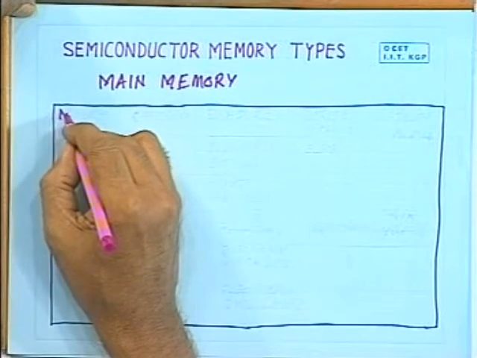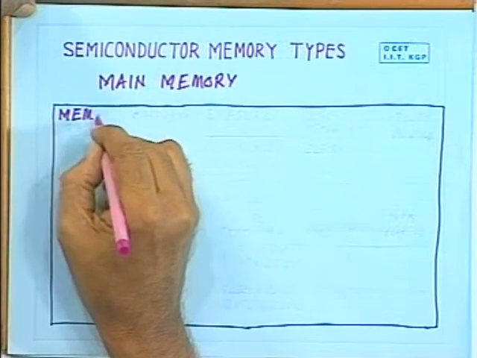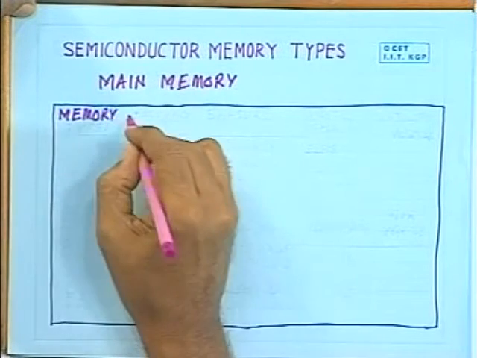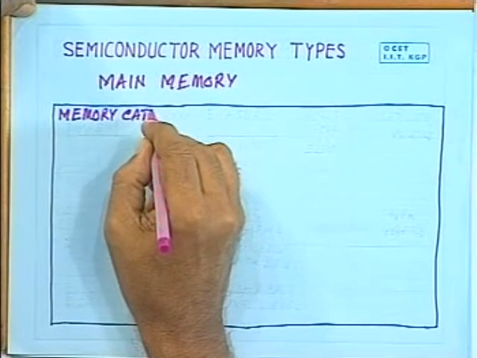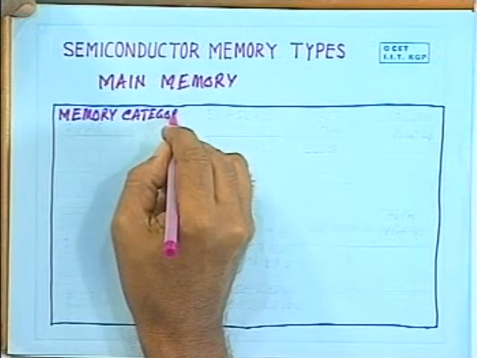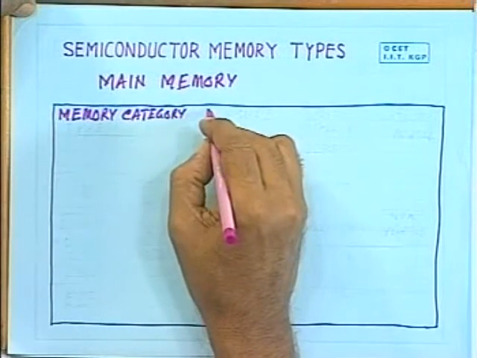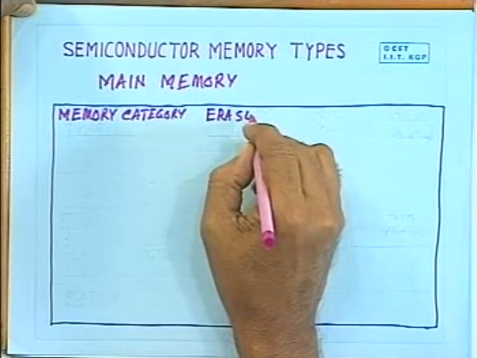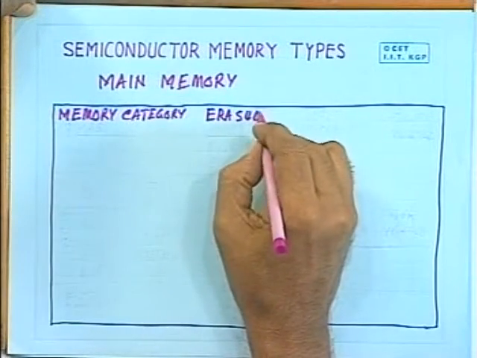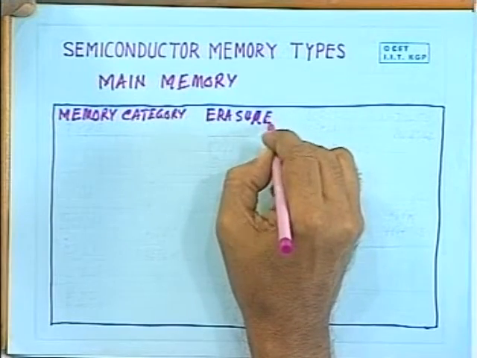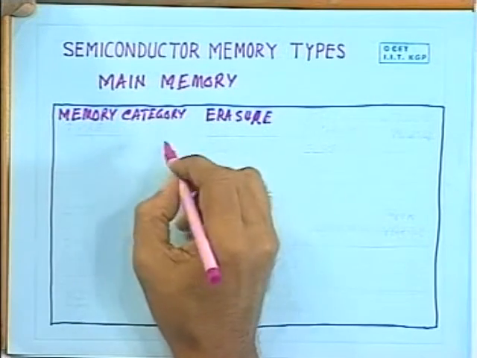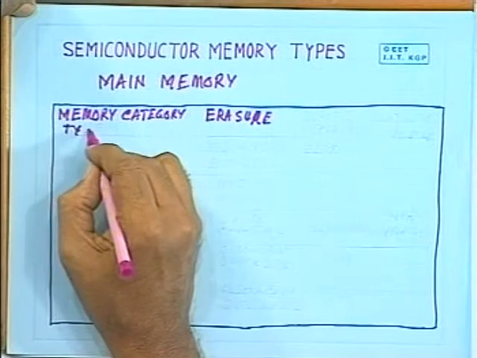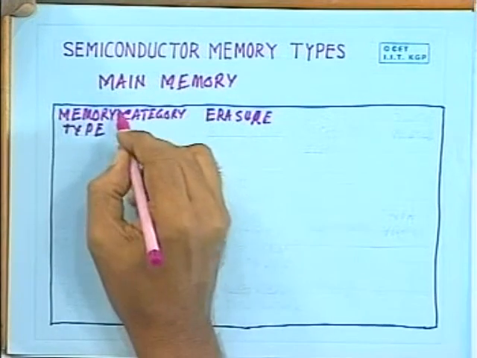We can categorize it in this way: memory type.